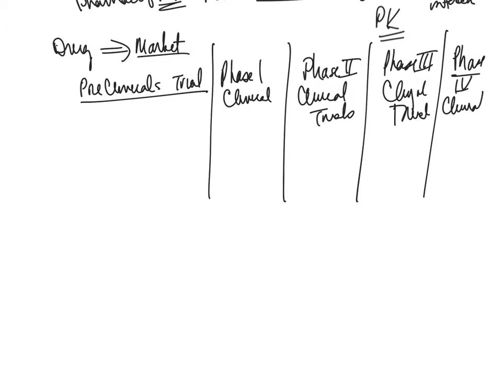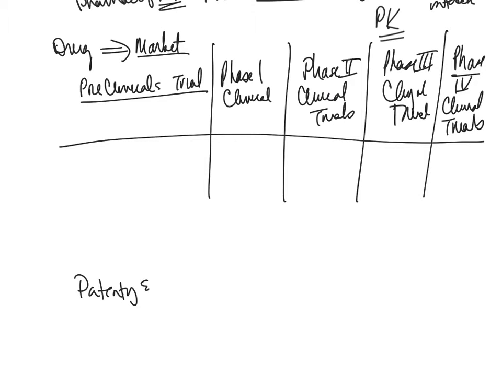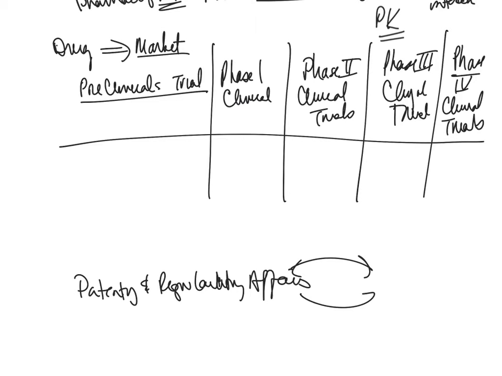So you need to know each different specific aims and the descriptions of each one of those. And then we'll talk about patenting and regulatory affairs. And these happen together, okay, these clinical trials and also the patenting and regulation.